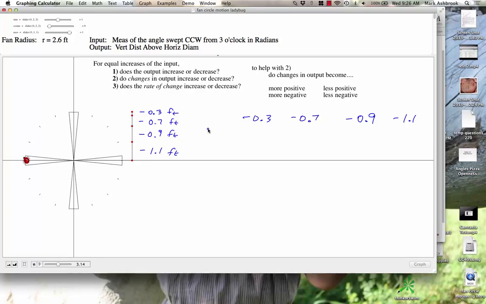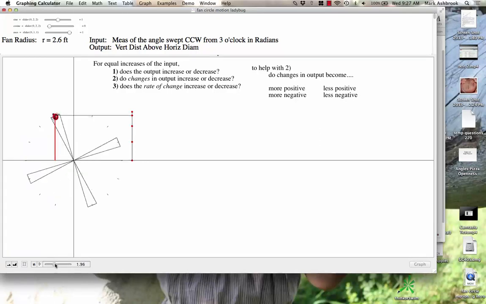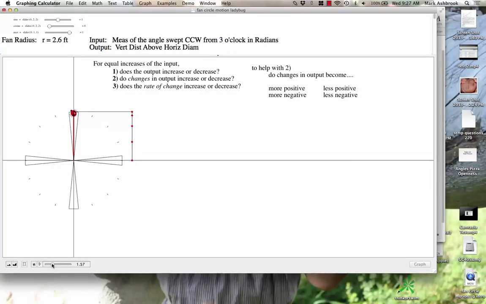Okay? So what about the rate of change of vertical distance in the second quadrant? Increasing or decreasing? Decreasing. Therefore, the graph should be concave up or down. We've got decreasing changes in output, so we have a decreasing rate of change. So what about our graph?